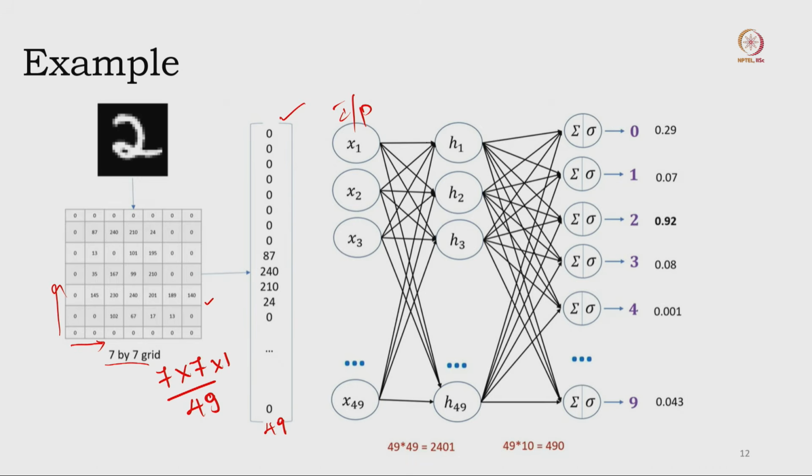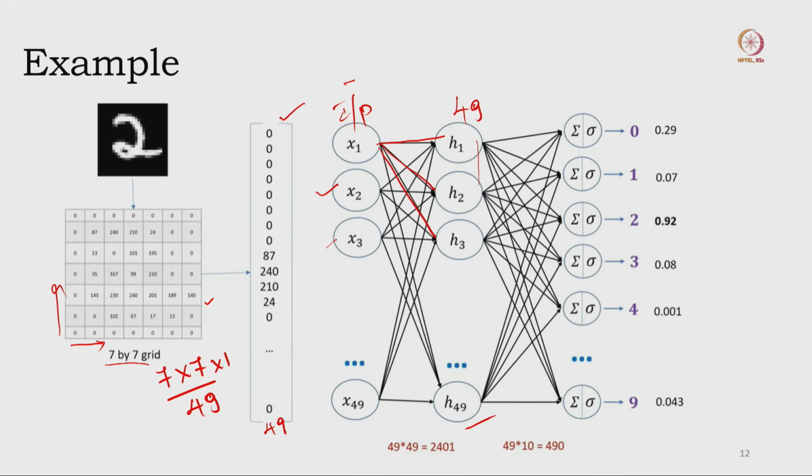Now, every neuron is connected to every other neuron at the hidden layer. This neuron is connected, this neuron is connected, and so on. If we have 49 neurons at the hidden layer, one neuron is connected to 49 neurons, the second neuron is connected to 49 neurons, the third input is connected to 49.